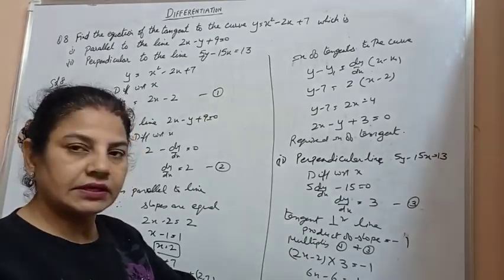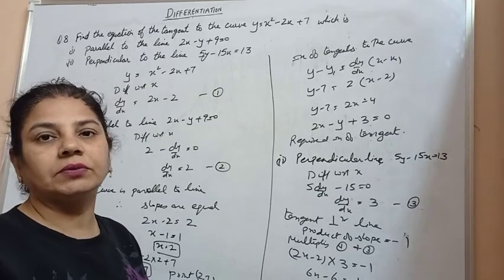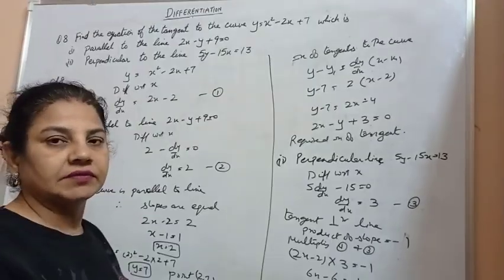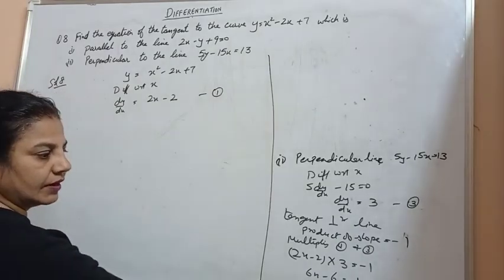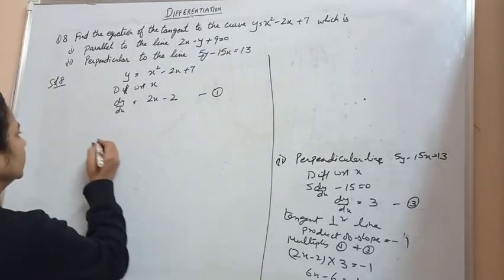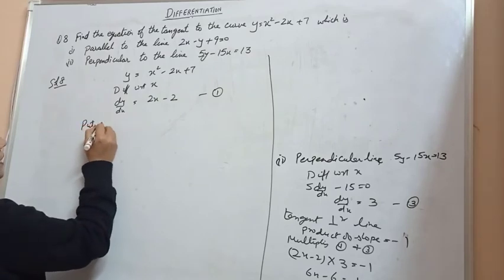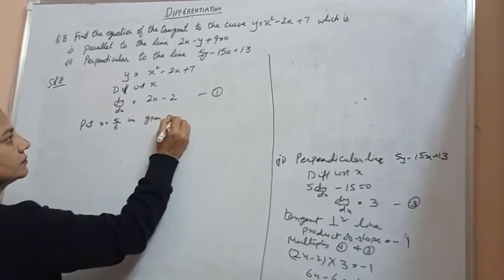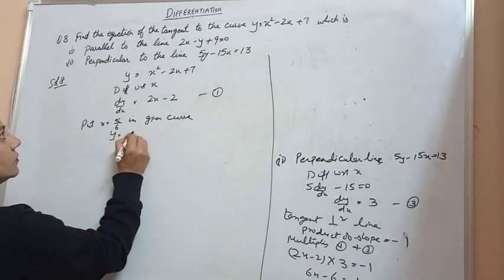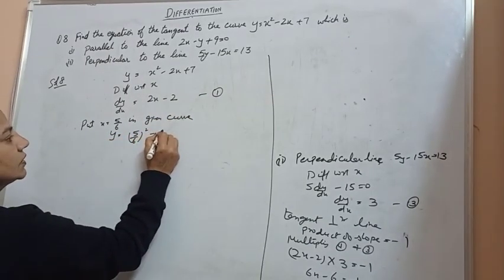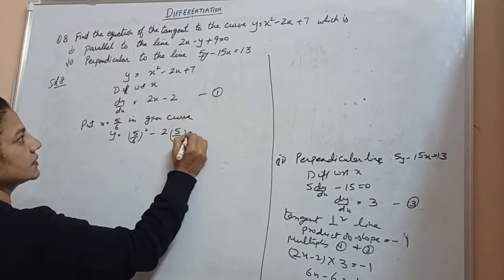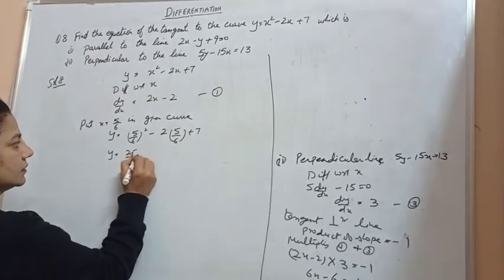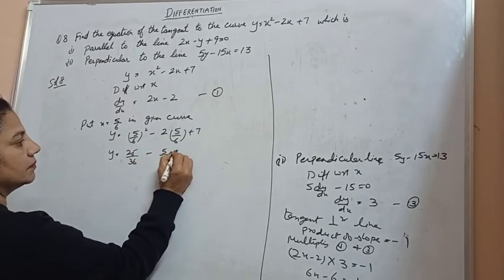Put the value of this x in the given curve to calculate the value of y. So put x = 5/6 in the given curve. y = (5/6)² − 2 × 5/6 + 7. y = 25/36 − 5/3 + 7.